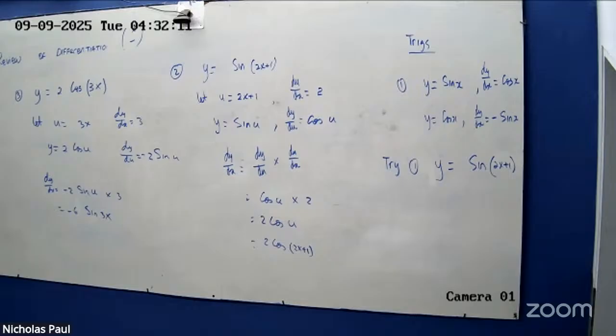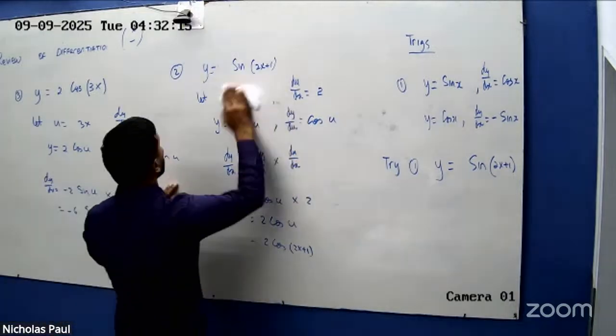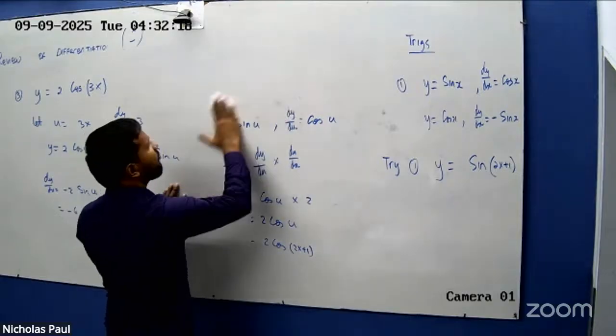All right, last two rules, product rule and quotient rule.